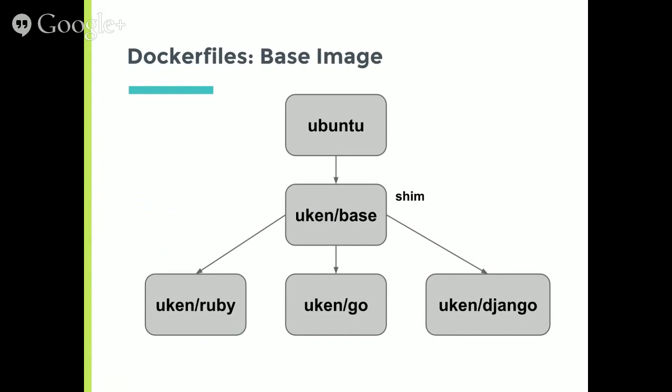Don't use the Ubuntu-based image in our front ends or in your infrastructure in general. Subclass that, create your own shim. In our case, we use something called Uken base, and we moved Uken base from Ubuntu Precise to Ubuntu Trusty, and everybody else gets the upgrade at that point.